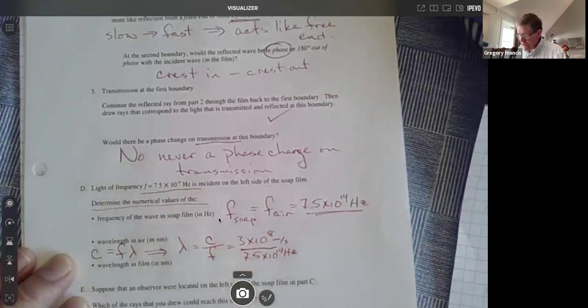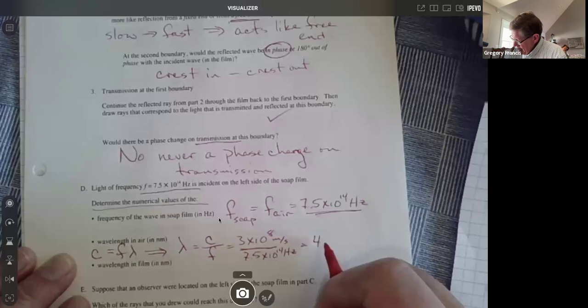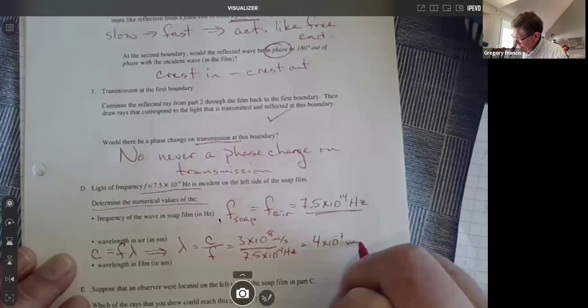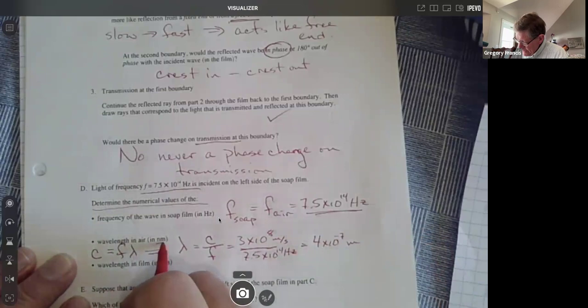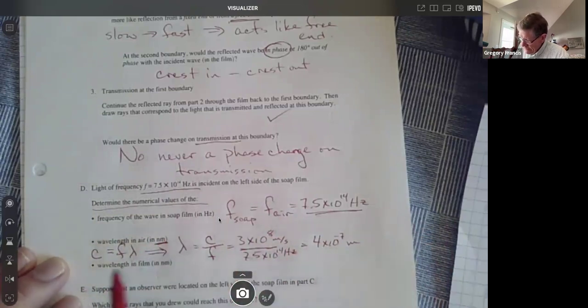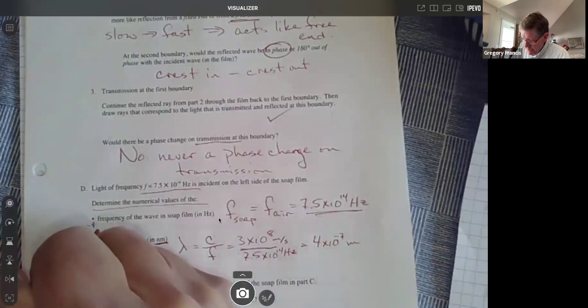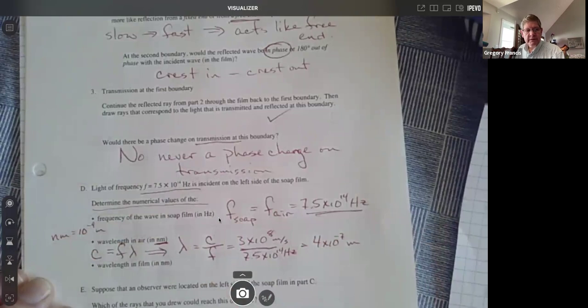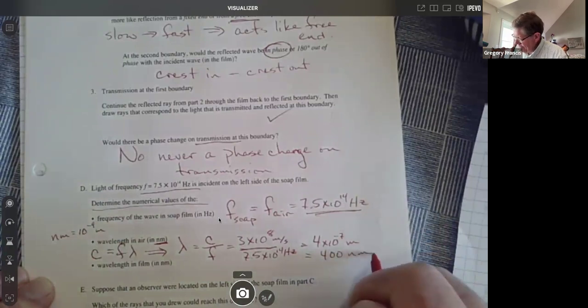A hertz is just a per second, so the per second cancels out, and I get meters. And indeed, what I get is 4 times 10 to the minus 7 meters. Well, that's small. But we're going to put it in nanometers. And you remember, a nanometer is equal to 10 to the minus 9 meters. So this is going to be 400 nanometers.